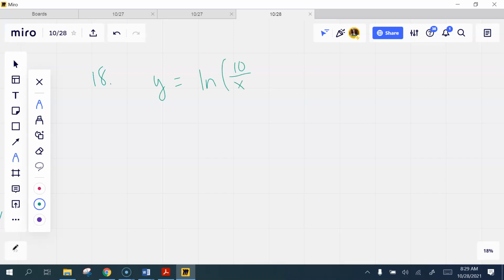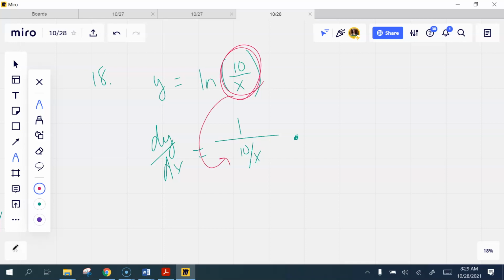If I do the derivative here, 1 over 10 over x, or 10x to the negative 1, I could write it that way if I wanted to, times... Yes, it means take whatever's in parentheses and put it all under 1.